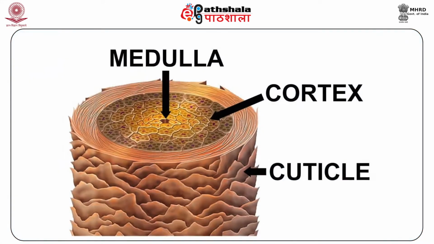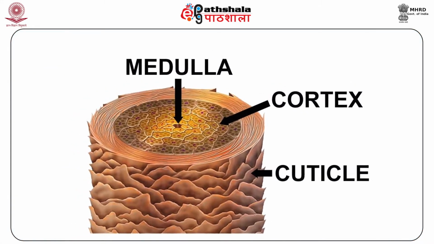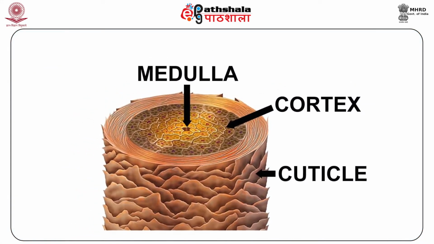It has three parts: the central medulla, the middle part surrounding the medulla is cortex and the outer part is cuticle. The nature of medulla and its diameter with reference to the total diameter of hair are highly characteristic and often indicate the species of the source of hairs.